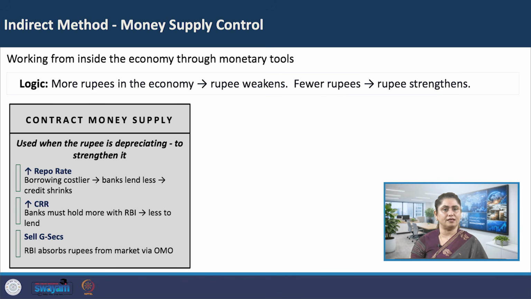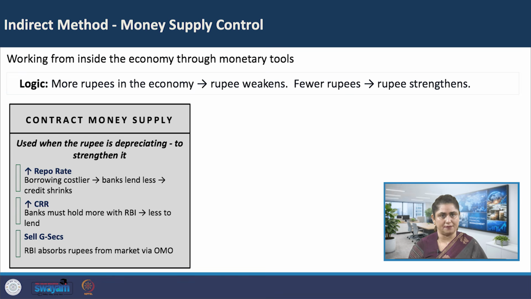Money supply in the economy falls, rupees become scarce. Rupee then strengthens. All of these tools work through the same channel. They reduce the amount of rupees in circulation, making each rupee more valuable, which helps in reducing the depreciation of the rupee.